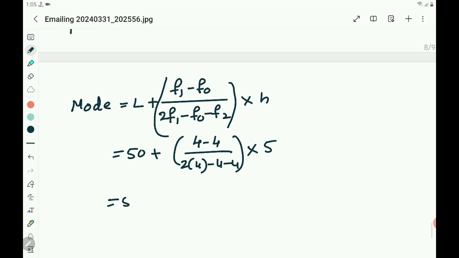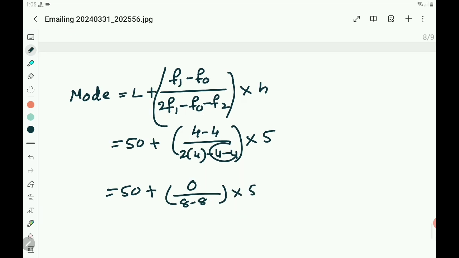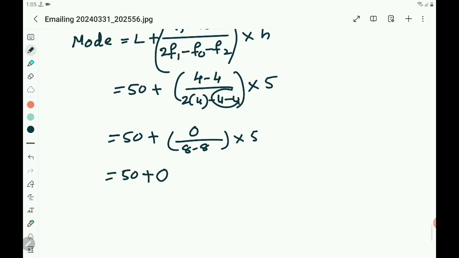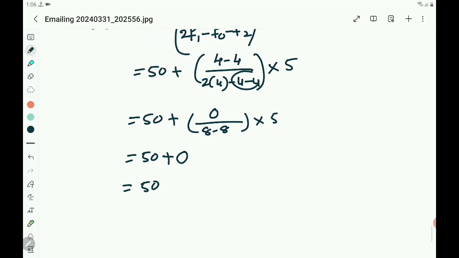Then you write 50 plus 4 minus 4 is 0, 0 by 8 minus 8, into 5. That is 50 plus 0, because here it is 0, equals 50. Then what is the mode? Mode equals 50 kg.